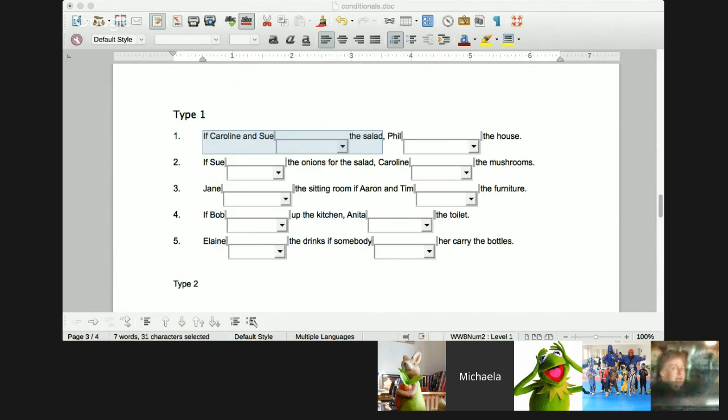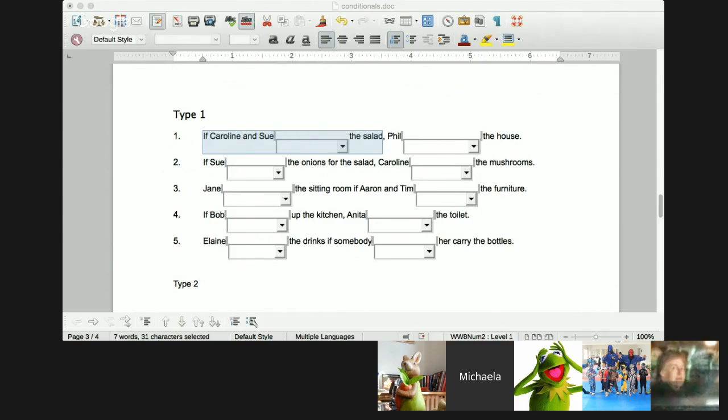No, sorry. Offer the salad. Phil will come back to the house. Awesome. You got creative. So if Caroline and Sue offer the salad, Phil will come back to the house. So he used a phrasal verb in the second blank and offer in the first blank.